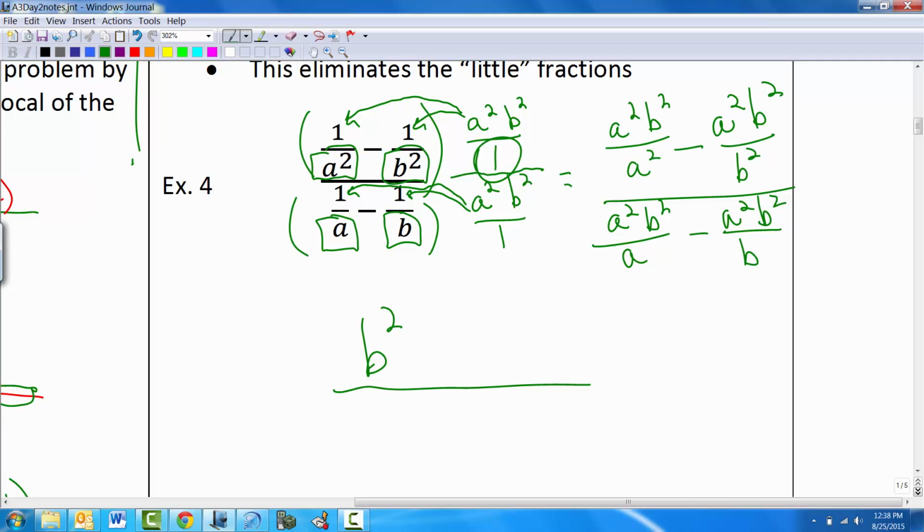Who cancels here? B squared, so I'm left with a squared. Who cancels here? Just an a. So this is ab squared minus a squared b.